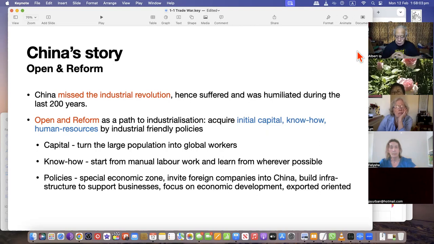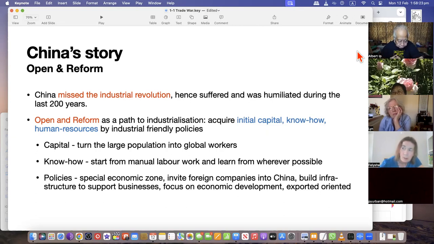But today, the number of students coming back is at around 80%. Part of it is thanks to the trade war. So this brain drain is now turning into a positive. And then there are more people coming into China trying to make a living.